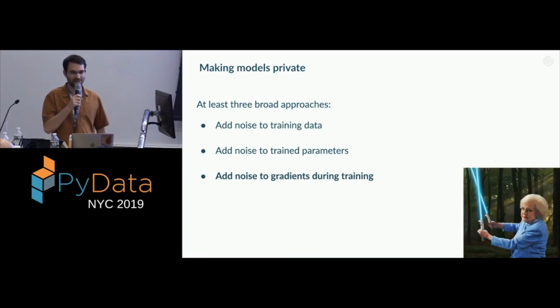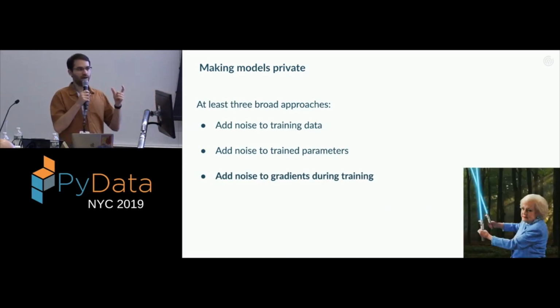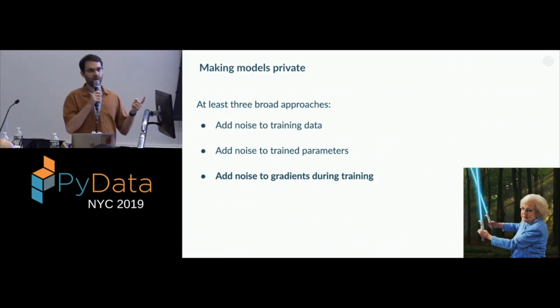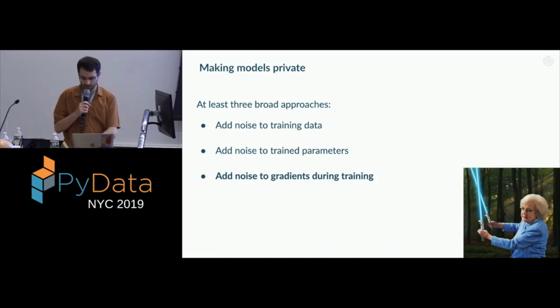And so thinking back to the Betty White average age example, there, her contribution as a single record to the average was negligible relative to the noise, and that was what guaranteed privacy. And here, the contribution of any one record to the gradient is going to be negligible relative to the noise, and that's what's going to ensure privacy for the trained network.